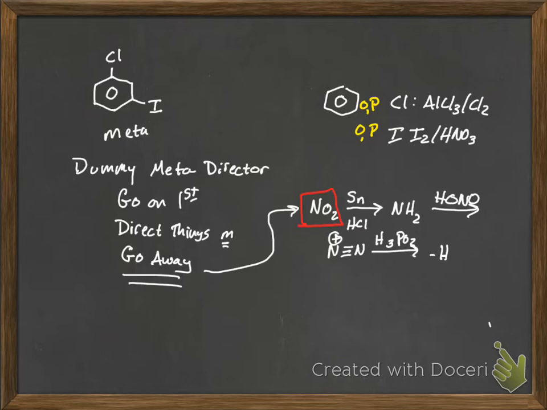So you nitrate it first, then you do whatever other reactions you want to do. Then you reduce the nitro to an aniline, the NH2 to a diazonium salt using nitrous acid, and then chop off the diazonium salt with H3PO2 and add the hydrogen back. That is option one.